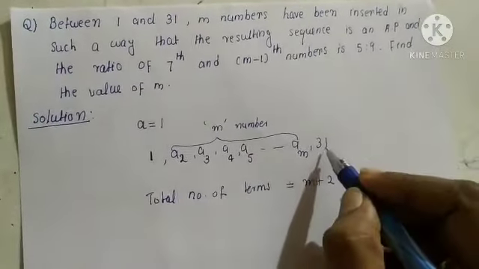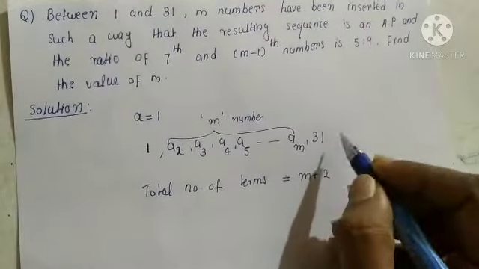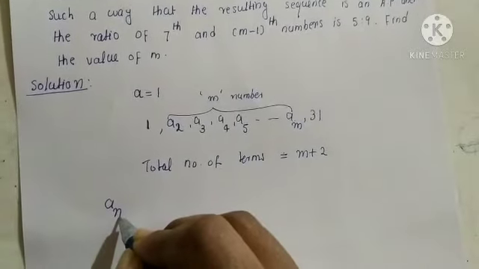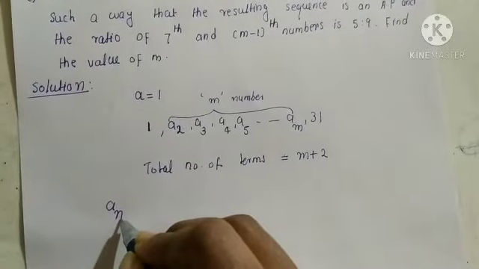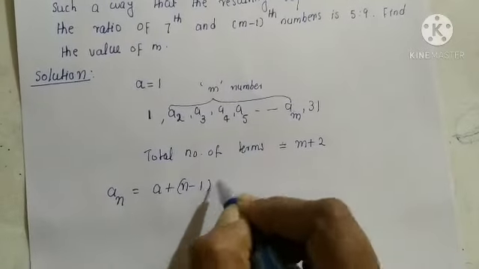And this is our last term, that means the (m plus 2)th term is 31, and we know the standard formula for the nth term: an is equal to a plus (n minus 1) into d.